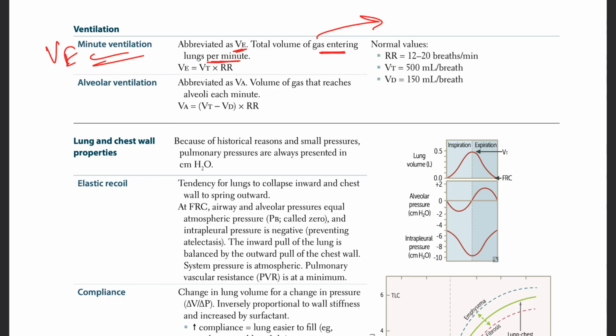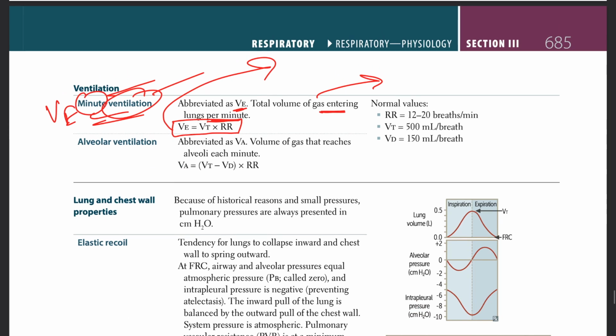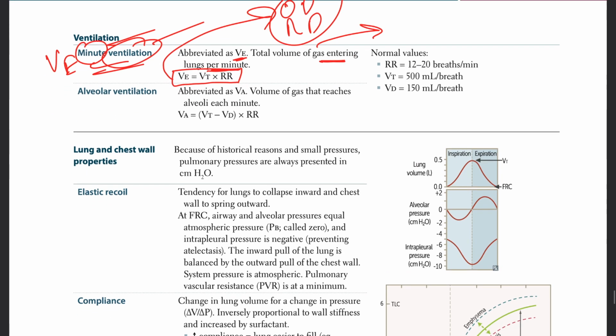As the name suggests, minute, in 1 minute, how much you ventilated. Simple. How is it calculated? Again, VE equals VT times RR, and these are the exact parameters which are messed up in your obstructive and restrictive diseases.